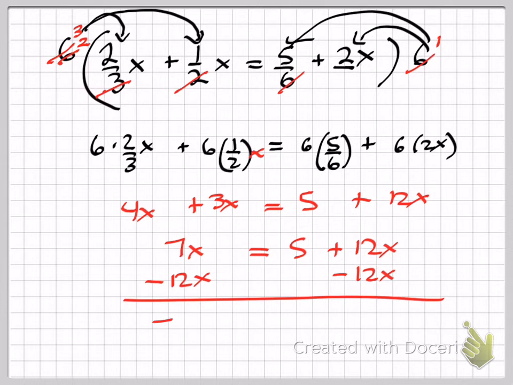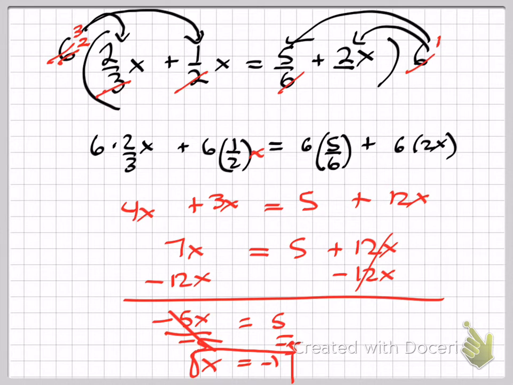And we get negative 5x equals 5. Dividing by negative 5, dividing by negative 5, x equals negative 1. One variable, one power, one solution. Okay, questions? Okay, let's try one with decimals.